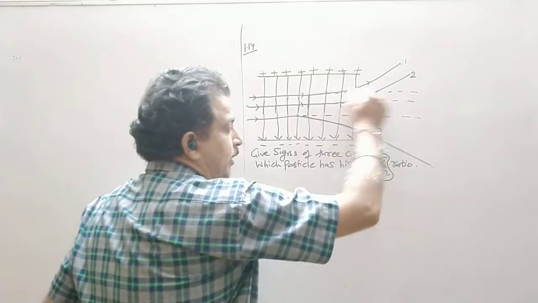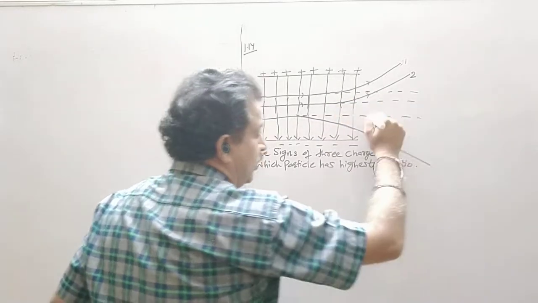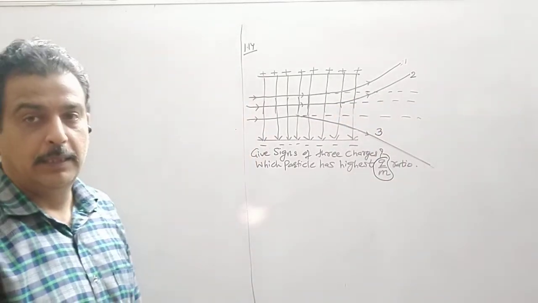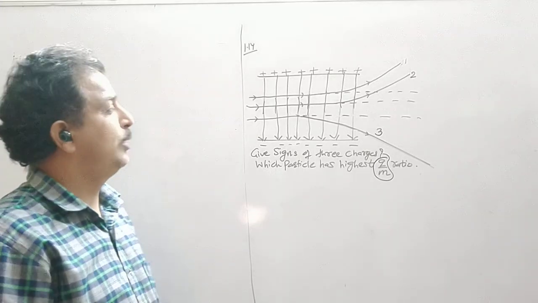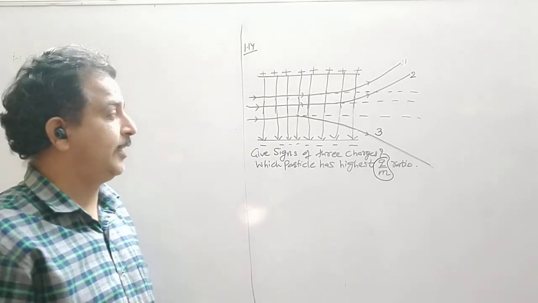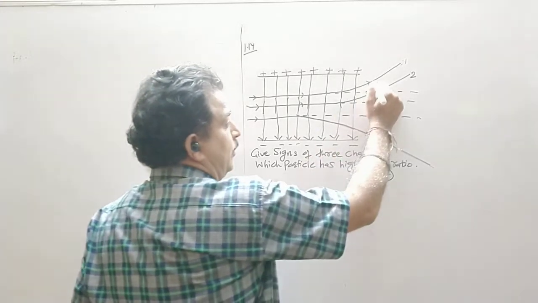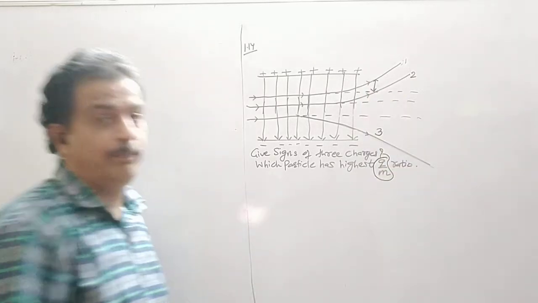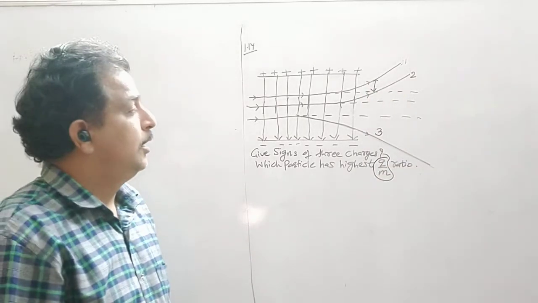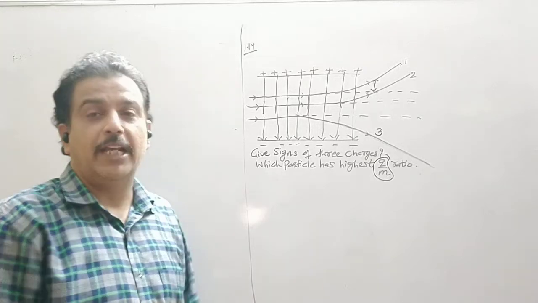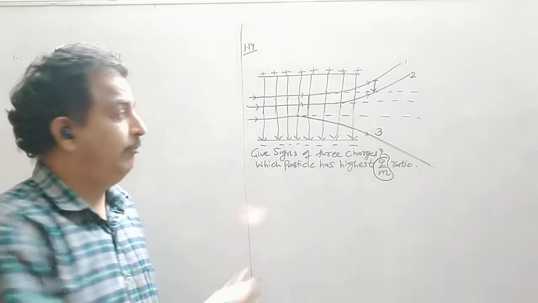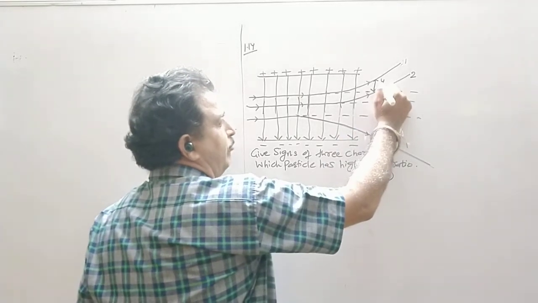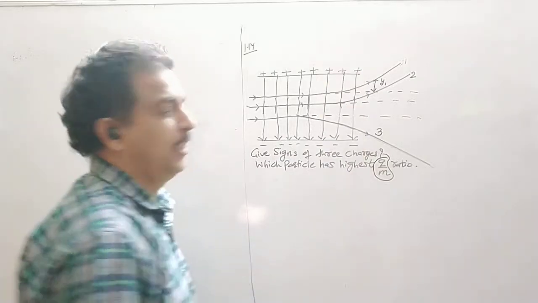what we have to remember, this dotted line is the original path the particle has to follow, but due to the presence of the field it has been deflected. This deflection from its original path is called the deflection of the particle, which is generally denoted by y1 because it is moving in the vertical direction upward.